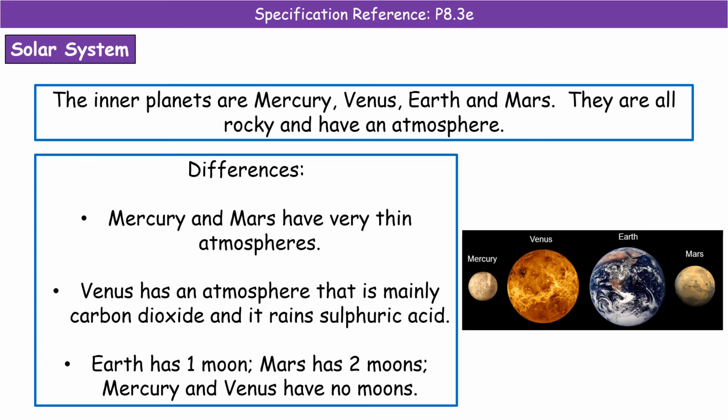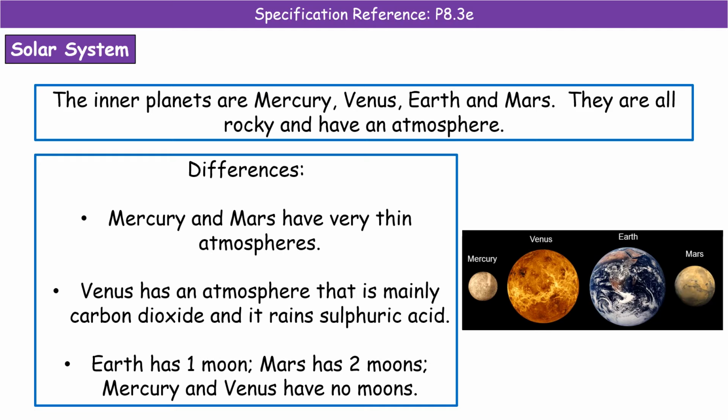So, if we think about our solar system, I would hope from your Key Stage 3 knowledge, then you know the order of planets working out from the sun. Mercury, Venus, Earth, Mars, Jupiter, Saturn, Uranus, Neptune. Those first four, Mercury, Venus, Earth and Mars, are the inner planets.